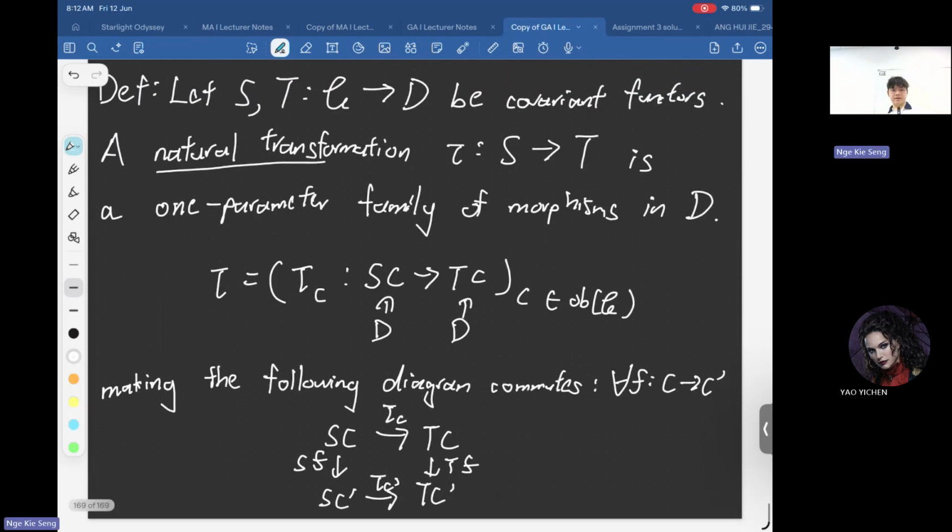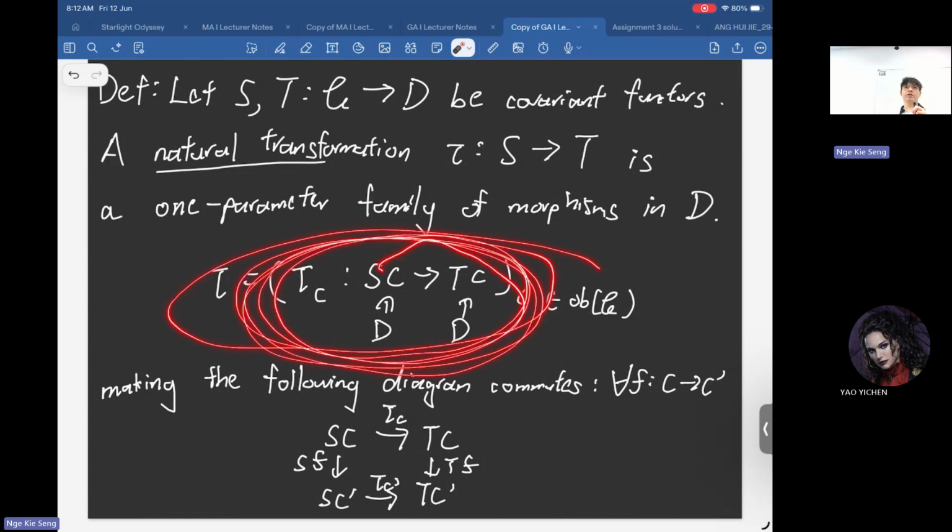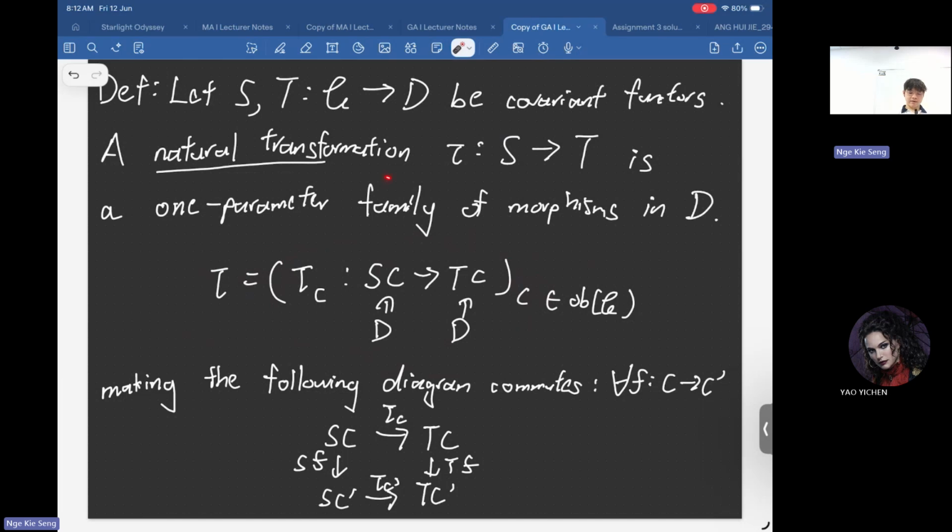Because these are morphisms in D, I can ask whether these morphisms are invertible or not. If all of them are invertible, then this natural transformation is what we call a natural isomorphism. In particular, in algebraic topology, there's one natural transformation which is a morphism from pi1 to h1.